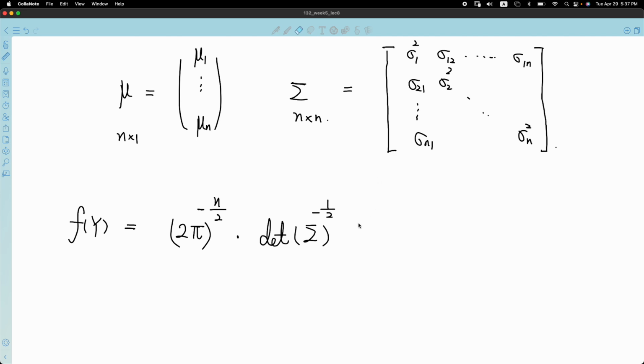Next is the rest of the term in the exponential. You will have the exponential, so let me use a square bracket, and you also have a negative 1/2, similar to the scalar case. Now we are going to apply the matrix vector operation. Here you have the column vector y minus the column vector mu, which still reduces to a column vector with n entries. Then you have a transpose operation.